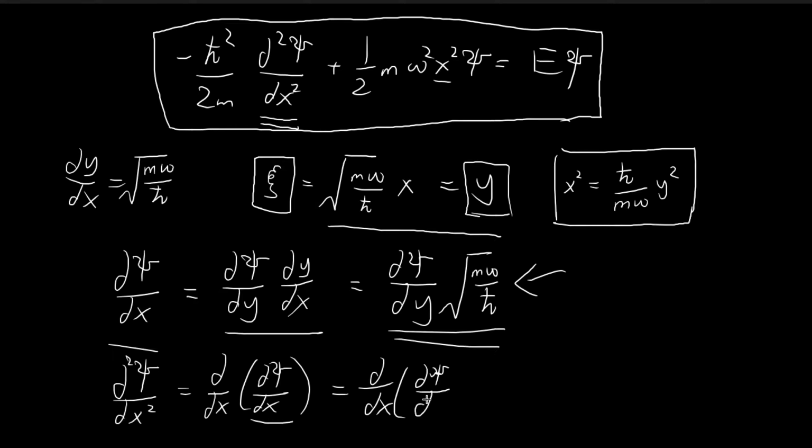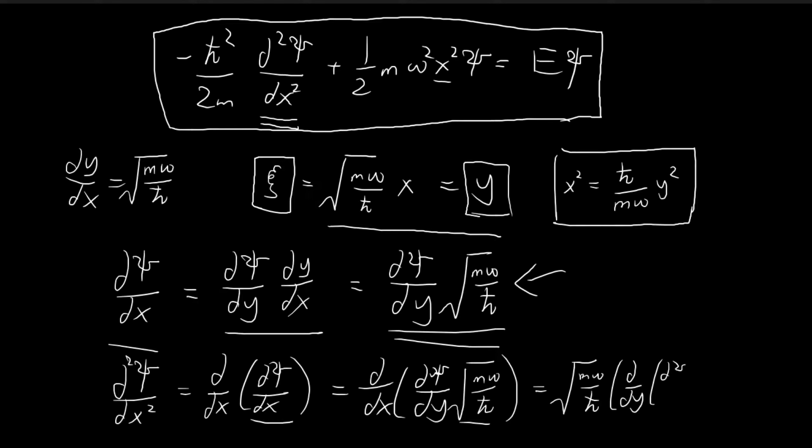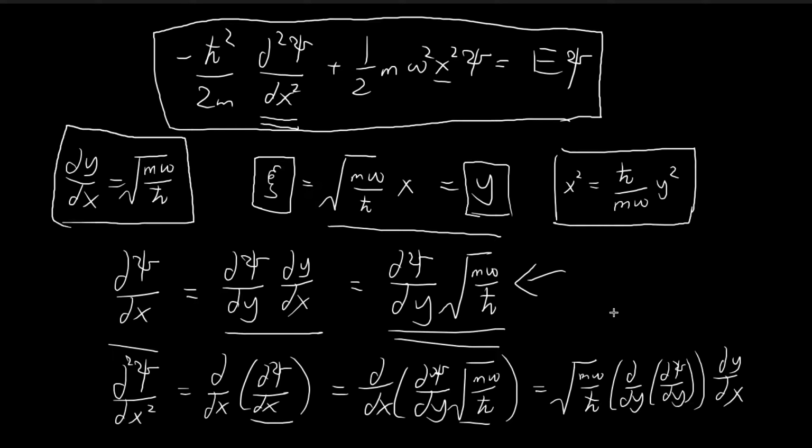So we have d xi dy times the square root of m omega divided by h bar. This is just a constant, so we can pull it out. Then we use the chain rule again. Instead of d dx, I'm going to write d dy of d xi dy, and because of the chain rule, I multiply this by dy dx. As we've mentioned before, dy dx is really just equal to the square root of m omega divided by h bar.